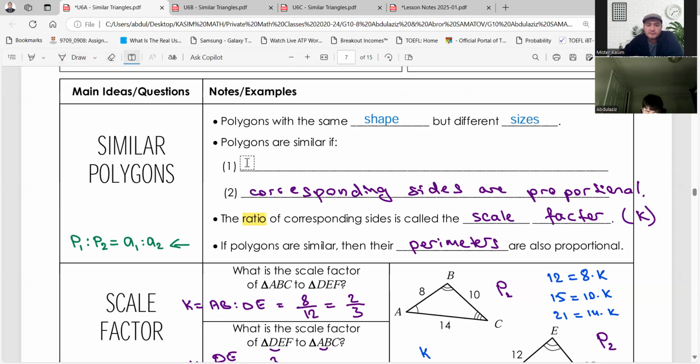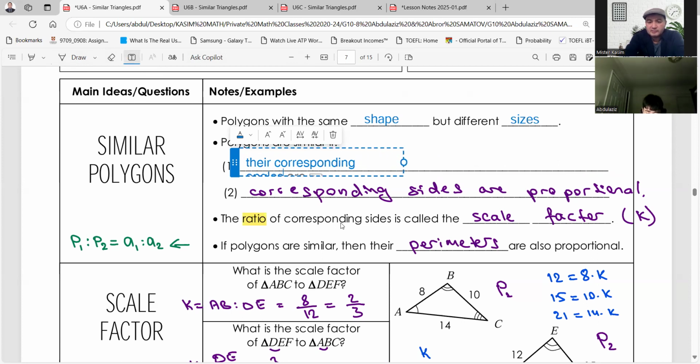If their corresponding angles are congruent, right?